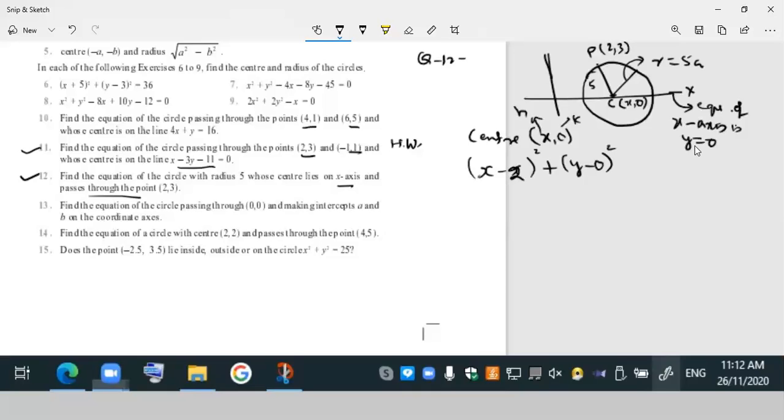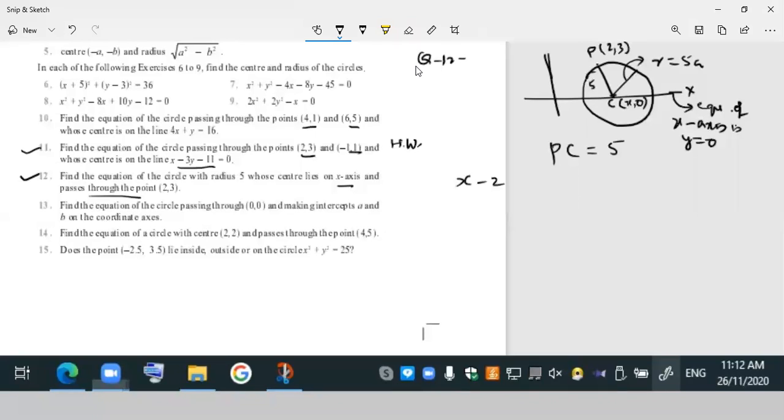No, do not compare it with that one. We can use the distance formula directly. The distance between P and C is the radius, so PC is equal to 5, and we can put the formula of distance.